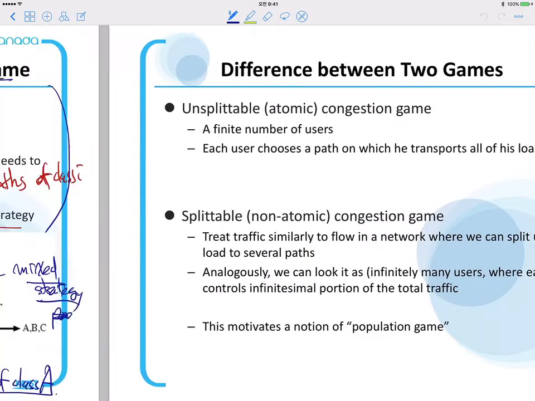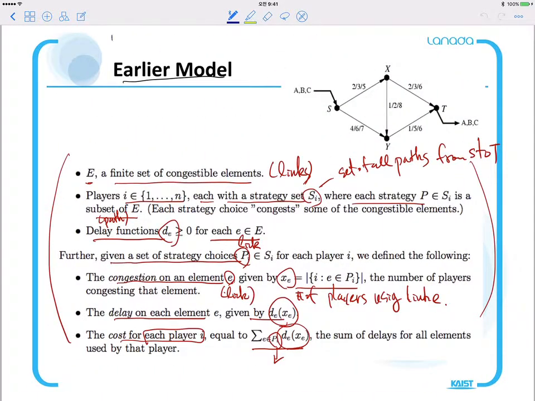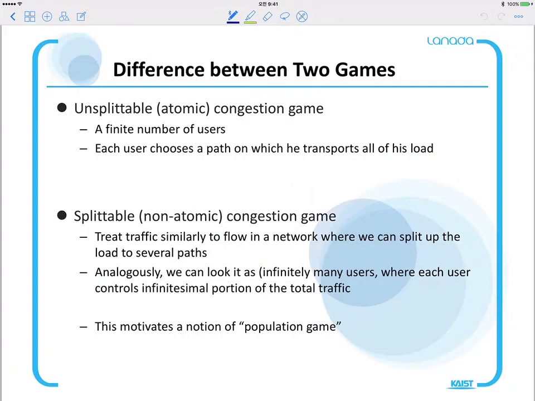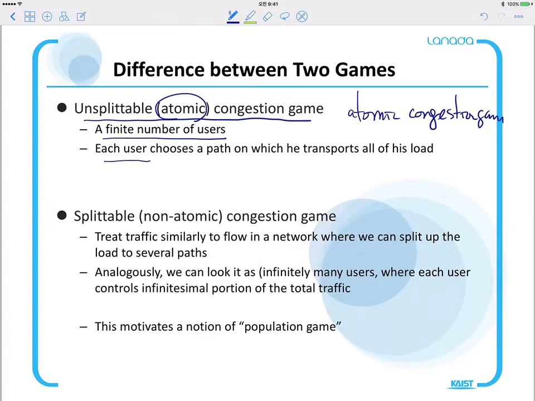So the difference between the two games, the original congestion game and this population-based congestion game, is that in the first game we do not allow a splitting of the traffic, and that's why we call it an atomic congestion game, where we have a finite number of users, where each user can take a path from a discrete set of strategies.